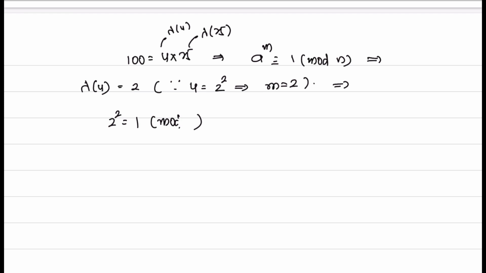What is n? This is n. Please try to understand. This is one answer. Now, lambda 25 is equal to 20. How have we got this answer?